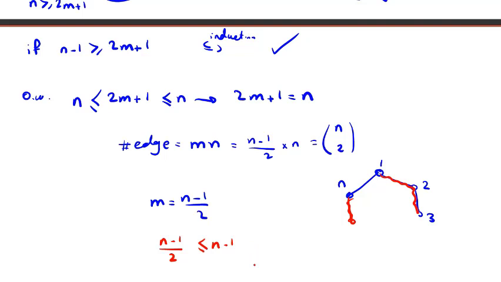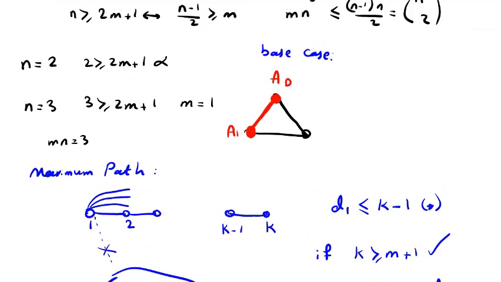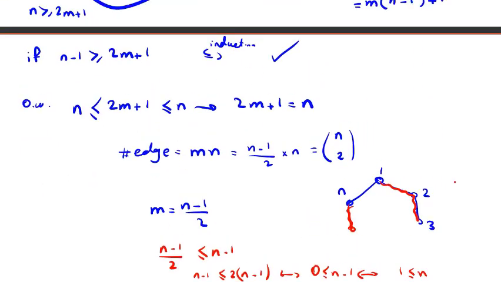And it is equivalent, if it cross multiplies, that 2 times n minus 1 is at least n minus 1. This is equivalent to, if we subtract both sides by n minus 1, that n minus 1 is at least 0. This is equivalent to n being at least 1. We know n is at least 3 because m should be positive. Here we've checked, n is at least 3, and we know it is okay.